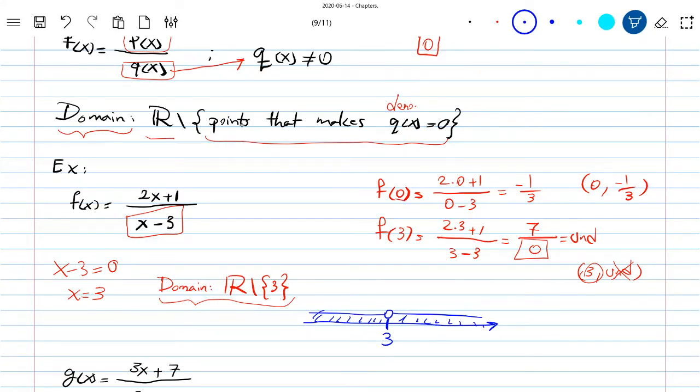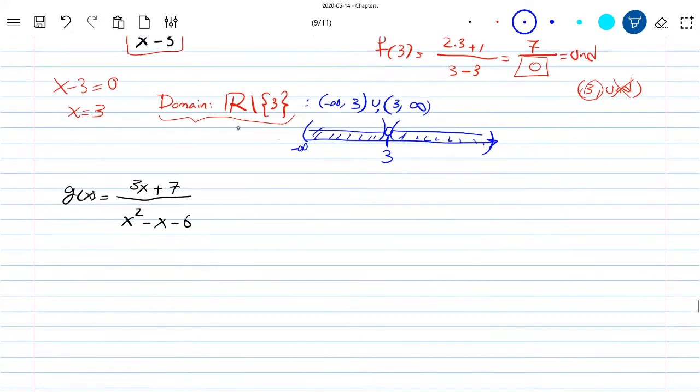If you look at the number line, it's from negative infinity to 3, where 3 is not included because I cannot take that point, union 3 to positive infinity. Again, from 3, taking out the 3, to positive infinity. Sometimes instead of union, they use a comma. Okay, so this is the interval notation for the domain. Every real number is possible except 3.